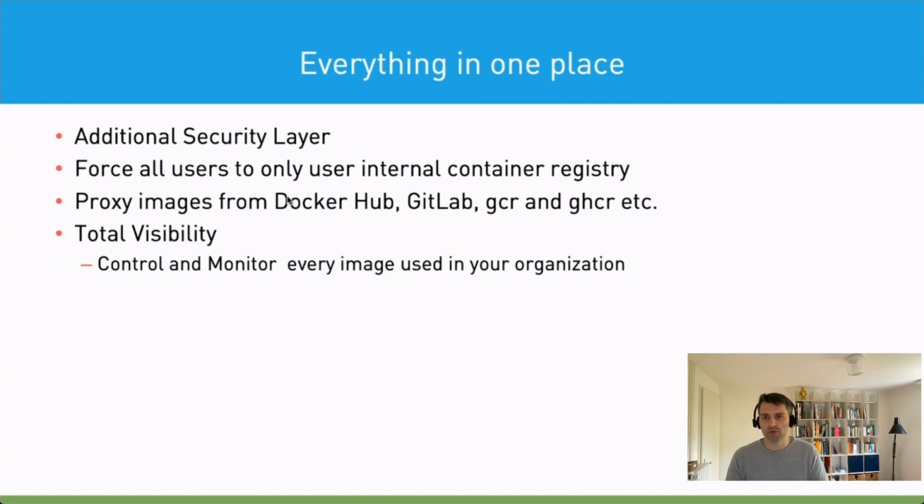This means you're proxying every other container registry, and on one hand you can of course do it very restrictively. You can say, okay, only if I approve this, you can pull this.